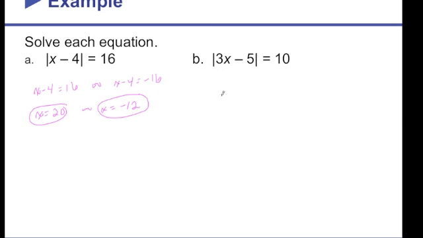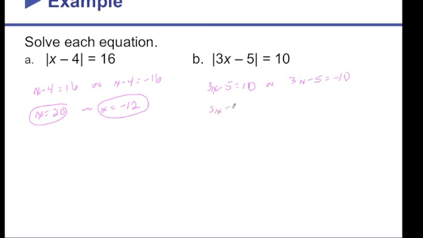And this one, again, I've got the absolute value equals 10. So what's in the absolute value, 3x minus 5, either equals 10 or 3x minus 5 equals negative 10, because the absolute value of negative 10 would be 10.